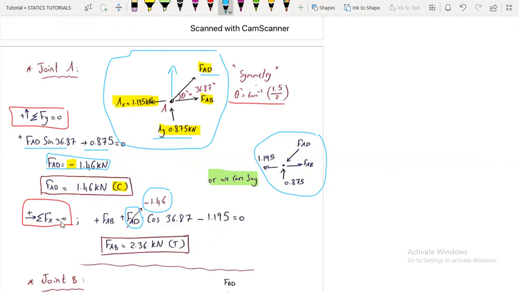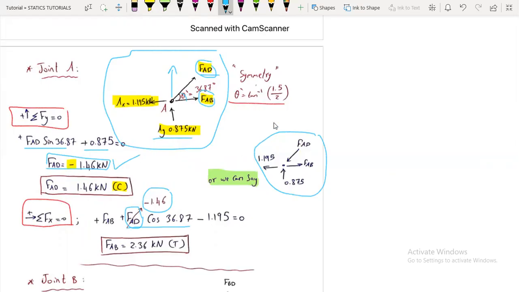Now, taking the summation of forces in the x direction, we have plus FAB, plus FAD cosine the angle, but FAD is minus 1.46.